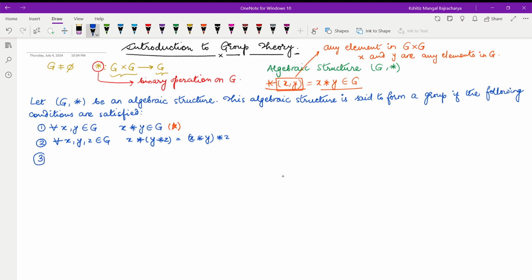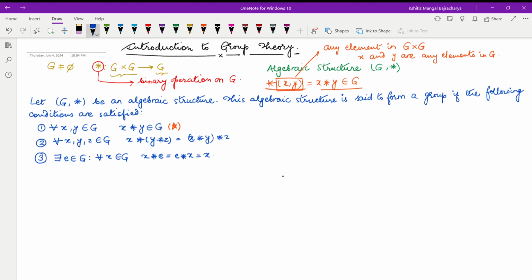Now the third and fourth properties are quite crucial, and the third property should be followed by the fourth property. The fourth property is the last property. The third property is that there exists some element E in G such that for all x belonging to G, x star E as well as E star x will be equal to x.